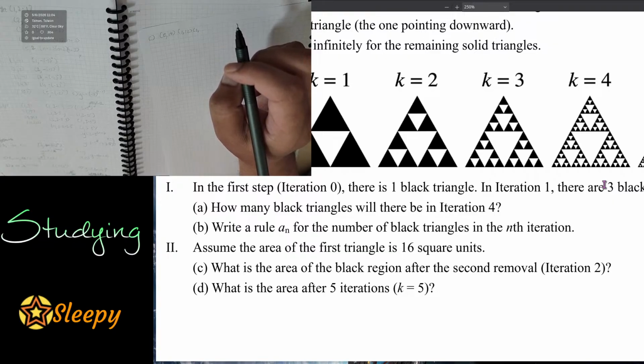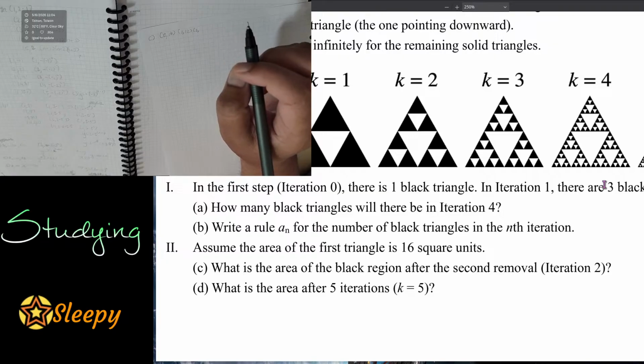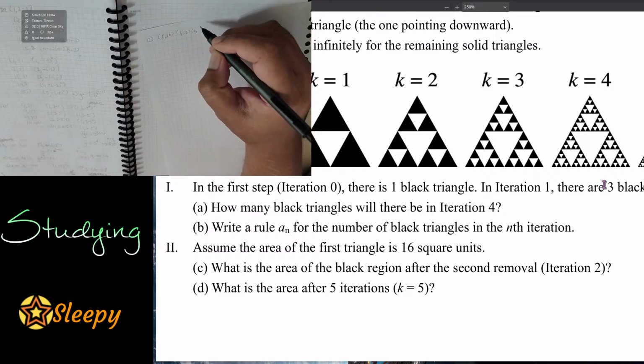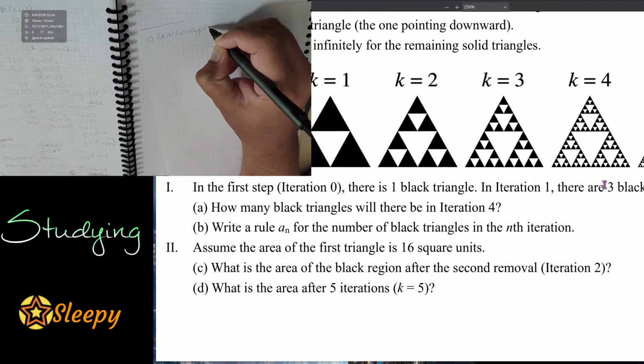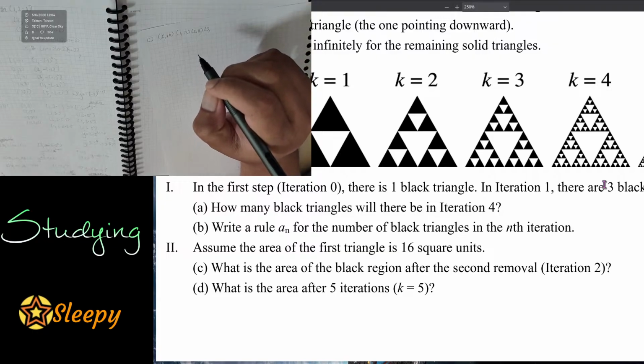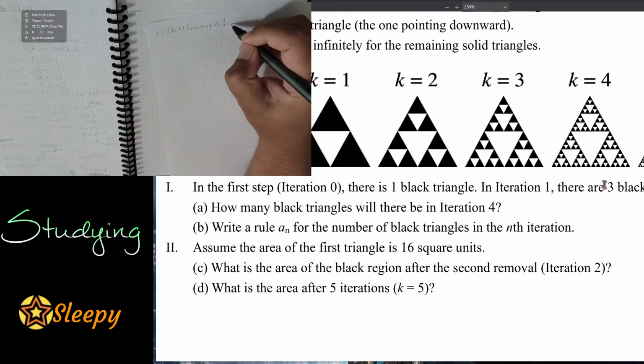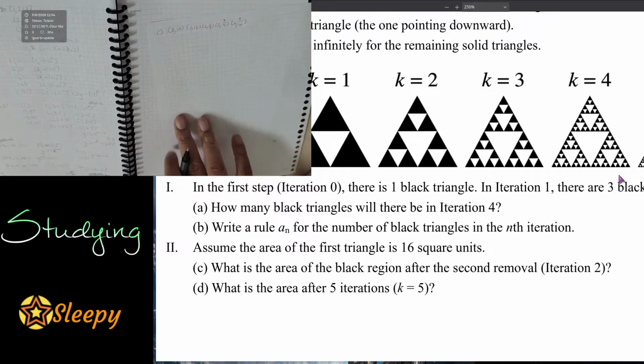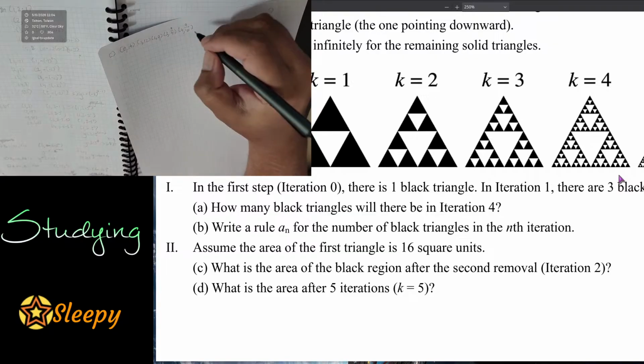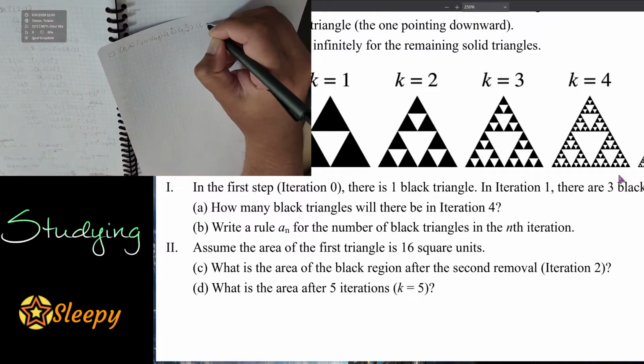Take out another quarter, huh? Yeah. So at 2, it's 9. At 3, you take out another quarter, it's 9 divided by 4. At 4, it's 9 divided by 16. At 5, it's 9 divided by 64.